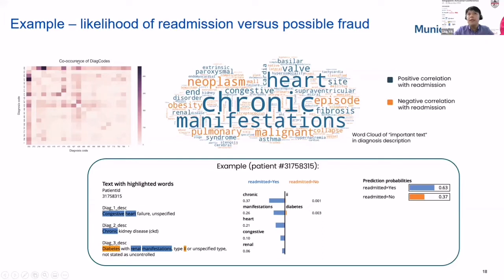Sometimes we are doing the correlation between diagnosis codes and looking at comorbidity study to determine if there's any anomaly. Certain medical conditions happen together with another, but sometimes the condition itself is just a very rare case that will raise the red flag.